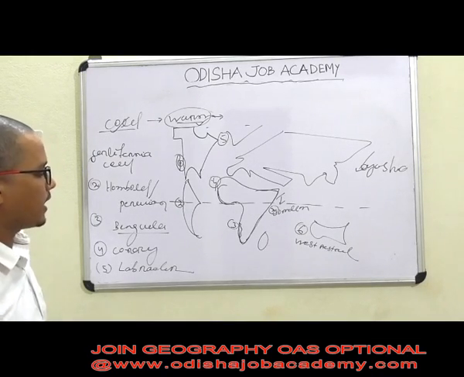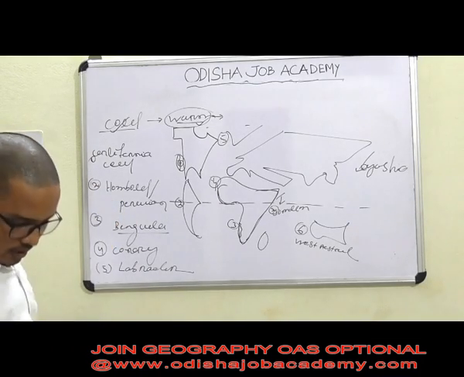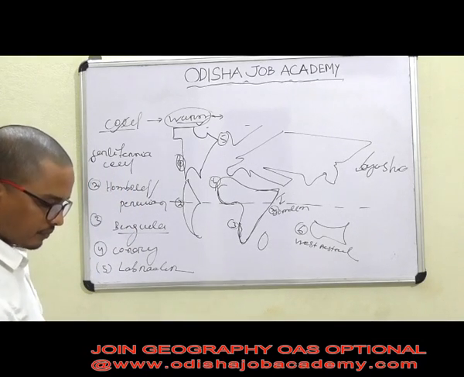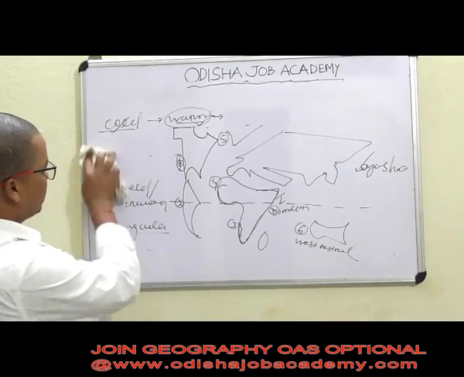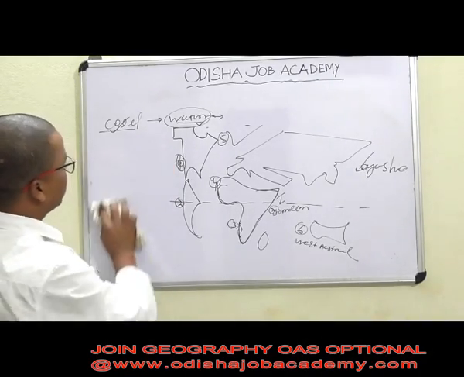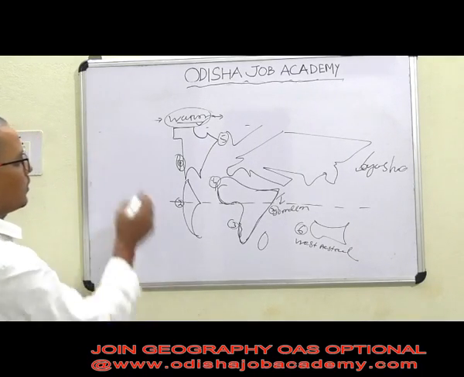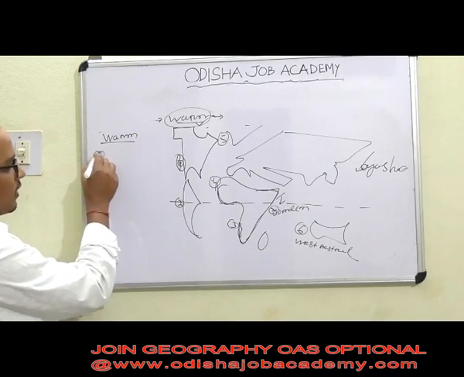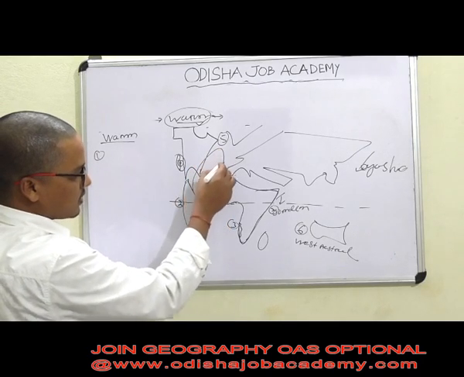Now comes the warm currents. First, the currents develop like this, and they go and circle like this.